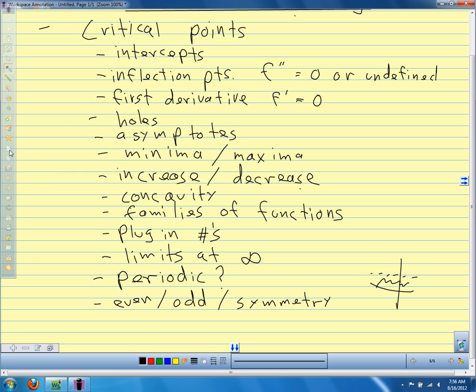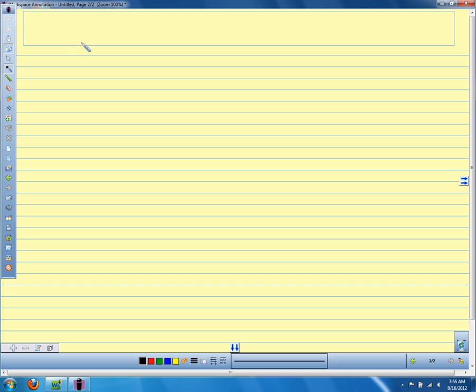If we're analyzing functions, if we're going to graph a function, your powerful, go-to tools: you want to find the domain and the range. That's where I would start. Make sure there aren't any restricted values, anything that's going to give you a problem.